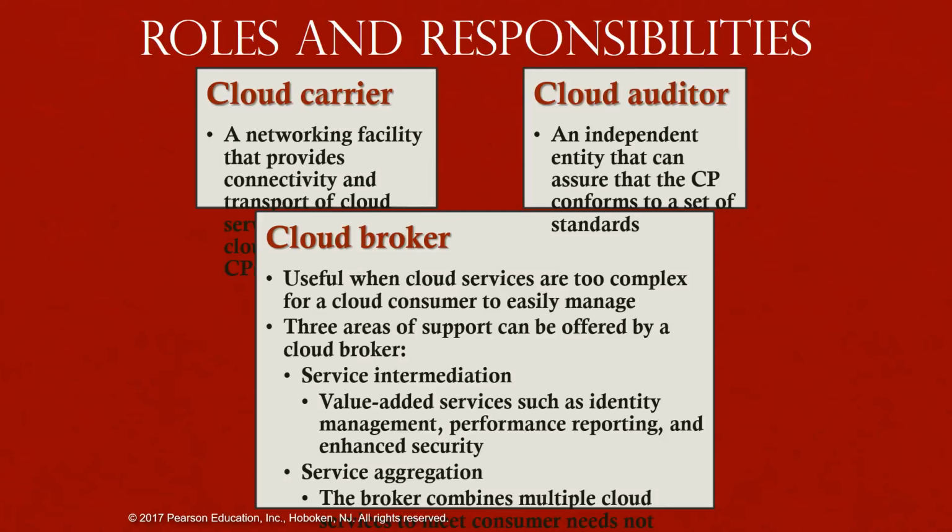A cloud auditor can evaluate the services provided by a CP in terms of security controls, privacy impact, performance, and so on. The auditor is an independent entity that can assure that the CP conforms to a set of standards.